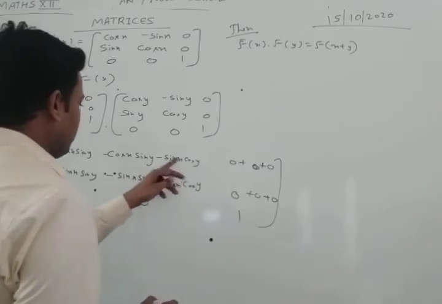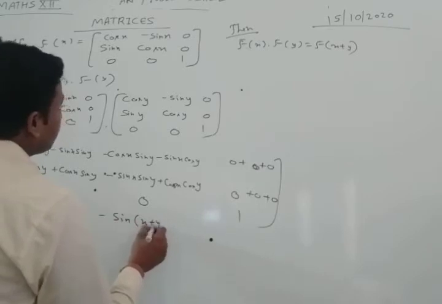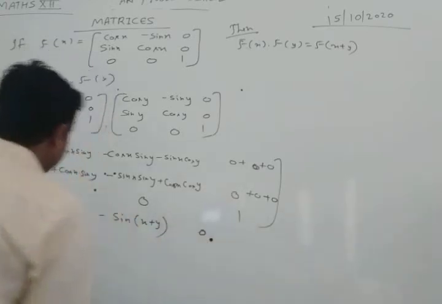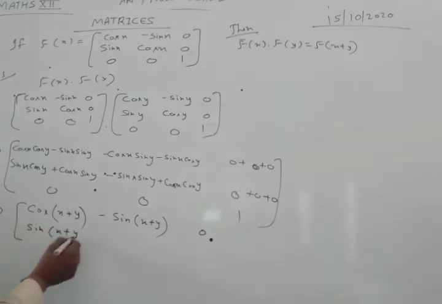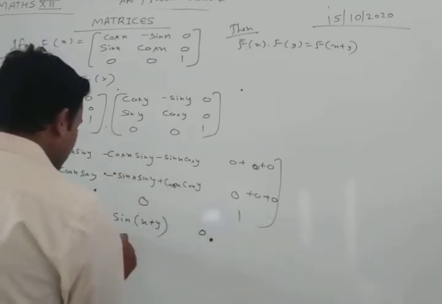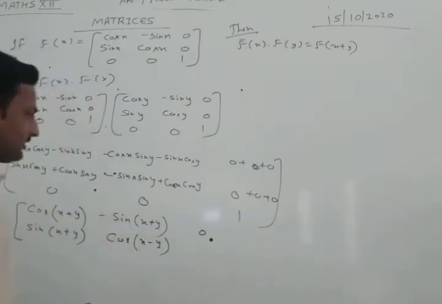Sin A cos B plus cos A sin B, which is sin(A plus B). Okay. Now this is 0 and apply the formula: sin A cos B plus cos A sin B is sin(A plus B). Now here cos A cos B minus sin A sin B.